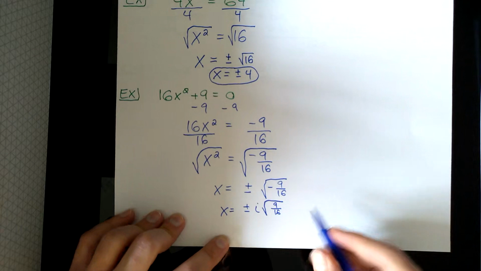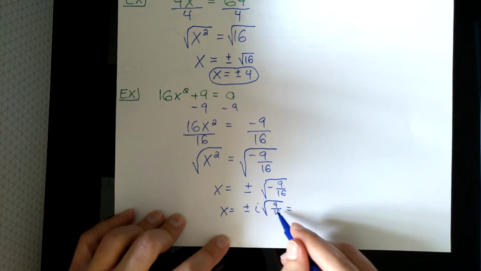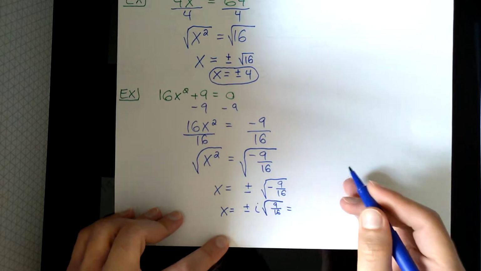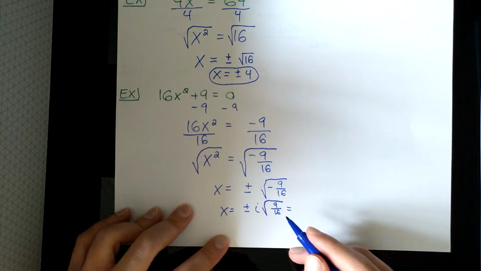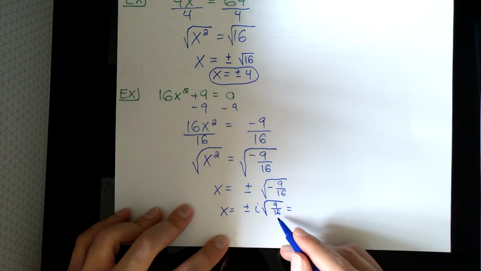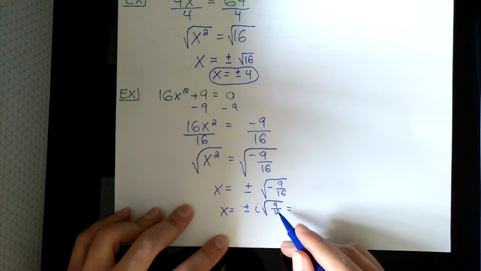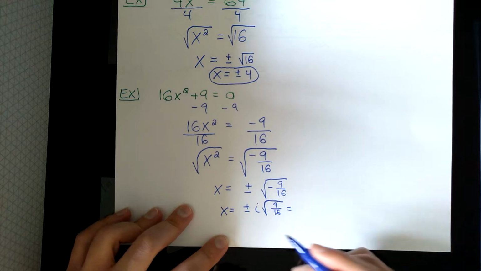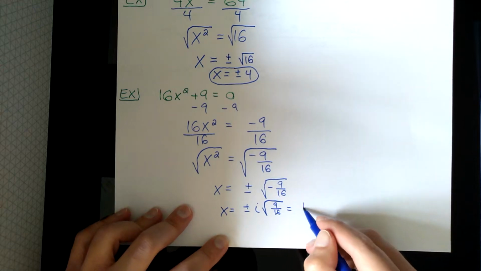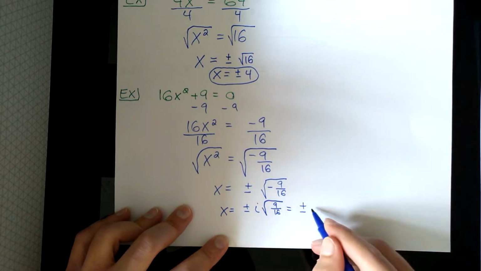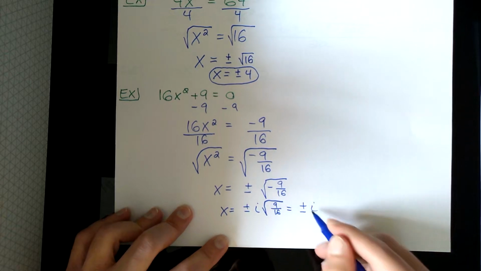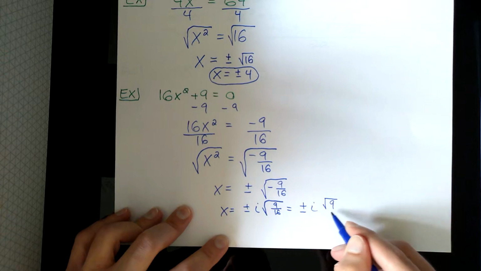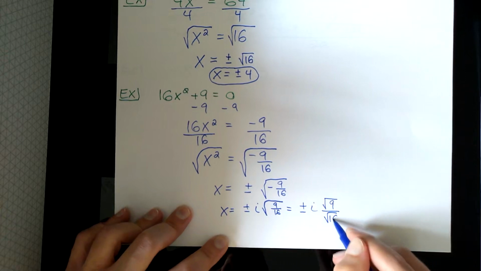From here, the square root of 9 over 16, there are a couple of ways to approach this. First of all, you could think what number times itself gives you 9 over 16, which would just be 3 over 4. But the more technical way to approach it, without any guessing, is you're allowed to break up a square root over the top and bottom of your fraction, meaning the square root of 9 divided by the square root of 16.